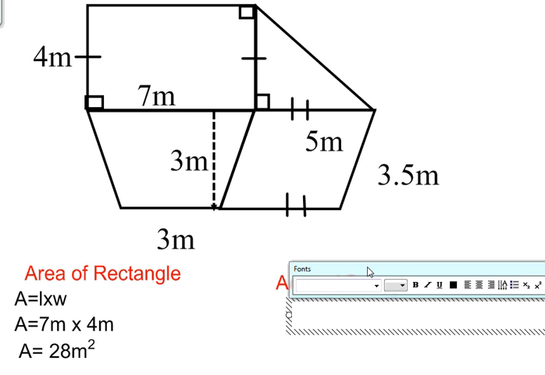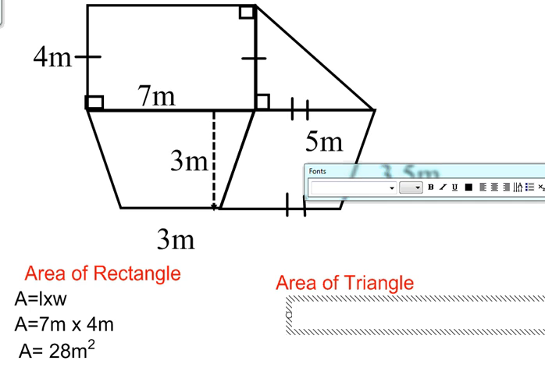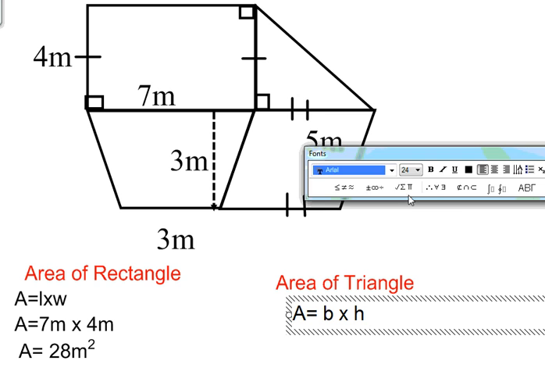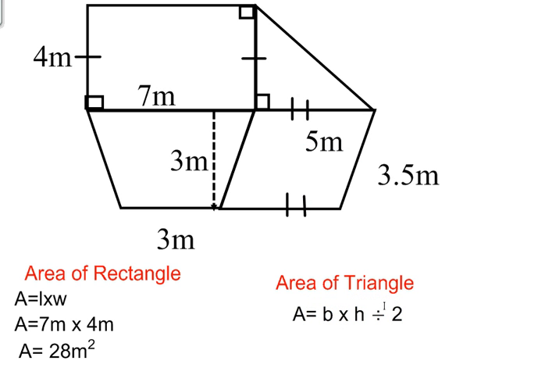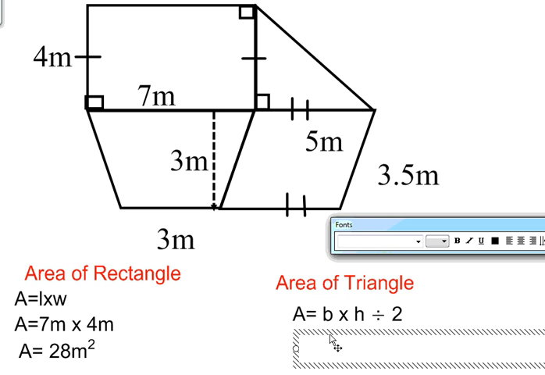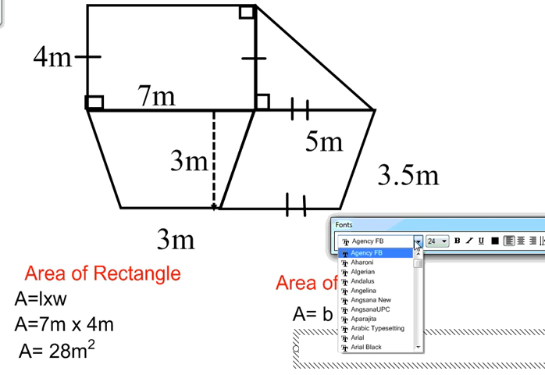So we are going to now figure that one out. How do we figure the area of the triangle? Hopefully remember that area equals base times height, and then divided by 2. Base times height divided by 2. So underneath, we're going to use our formula here.